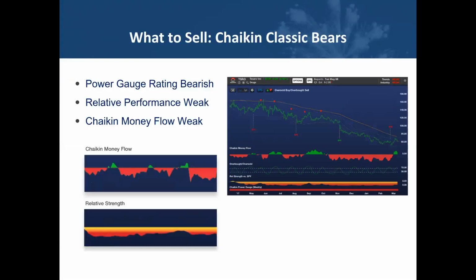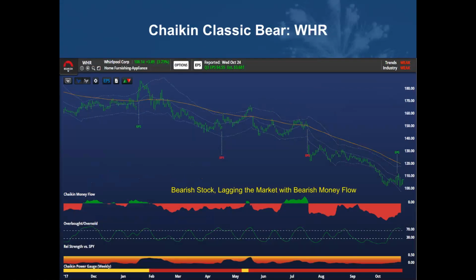And on the flip side, stocks to avoid, or even take bearish positions in if you trade put options, are what we call our Chaikin Classic Bears. The Power Gauge rating is bearish or very bearish, the stock is underperforming the market, and the institutions are selling the stock, which we can see through the weak Chaikin Money Flow. A great example of that throughout most of 2018 was Whirlpool, literally a household name.